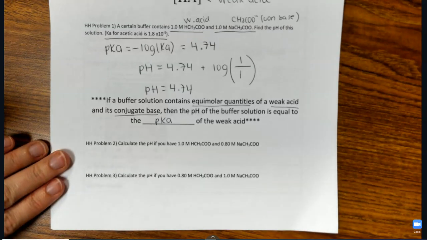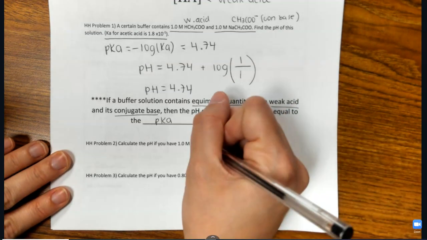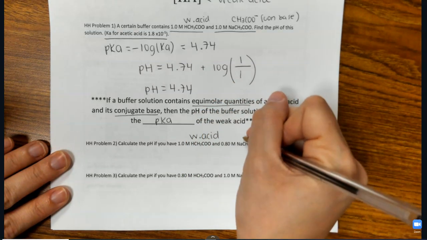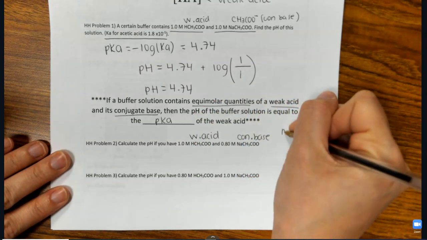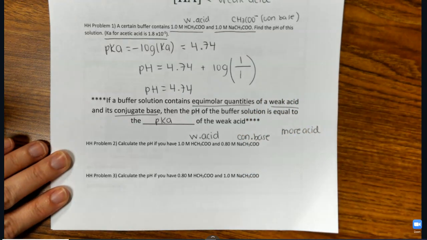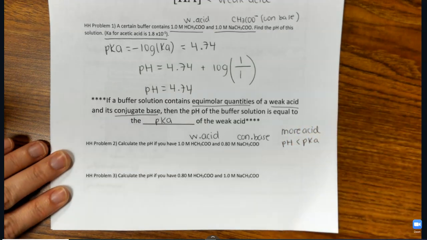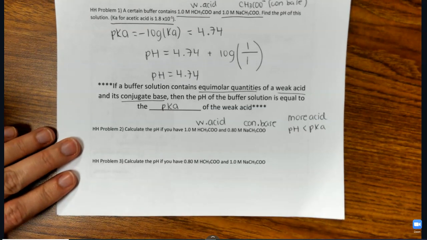Let's do another one. Now calculate the pH if you've got 1 molar HCH3COO, so that's my weak acid, and I've got 0.8 M of my conjugate base. So this time we have more acid. If you have more acid than base, the pH should be less than pKa because acids lower pH values. Well, let's see if that's true for this buffer.